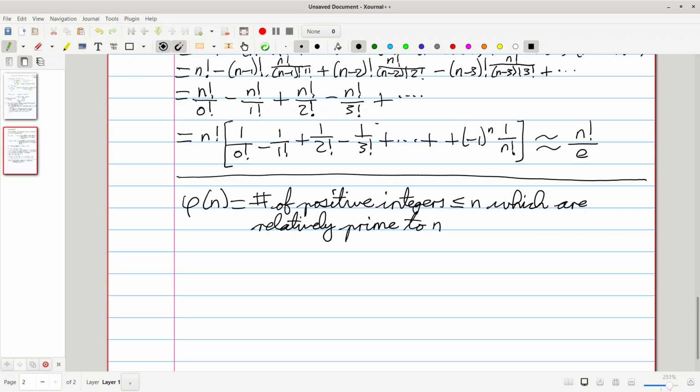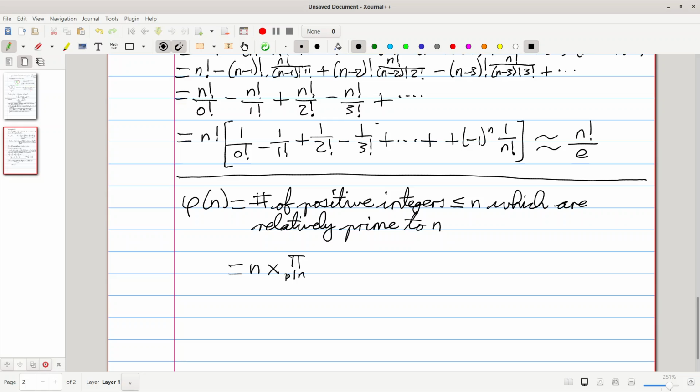And this Euler phi function, if you don't know it, well, now you're going to learn it. There's a formula for the Euler phi function, which is n multiplied by the product over all primes which are factors of n.